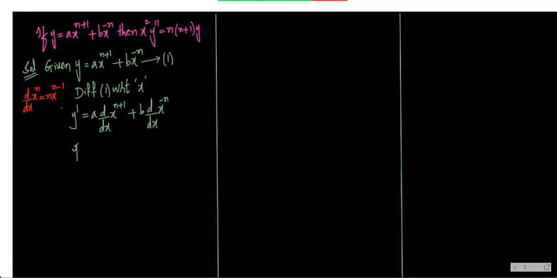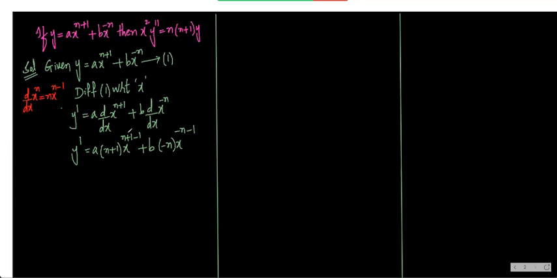y dash is equal to, this is a as it is. Here n value is n plus 1. So according to the formula we write it as n into x power n minus 1, n plus 1 minus 1 plus b into, again same story, n value is minus n here, x power n minus 1. So plus 1 minus 1 we can cancel here.